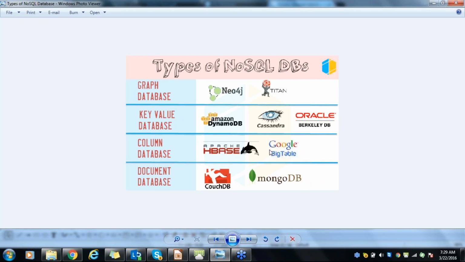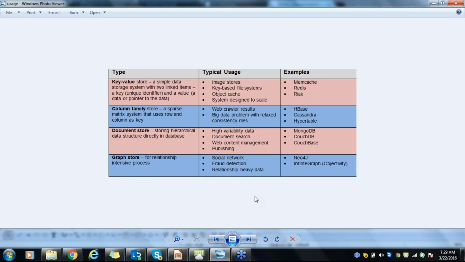These are the pioneers actually: Google BigTable and Amazon, followed by Cassandra from Facebook, and then HBase from Apache. And document-based database management systems are typically MongoDB and CouchDB. So these are the examples of databases.